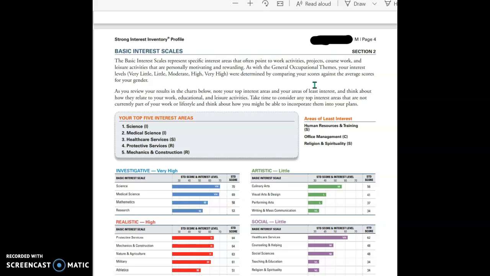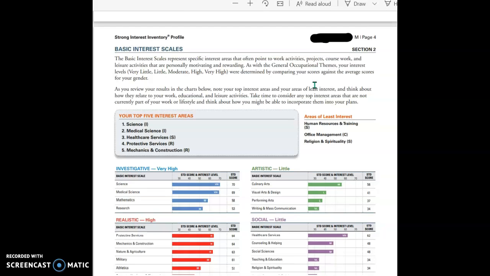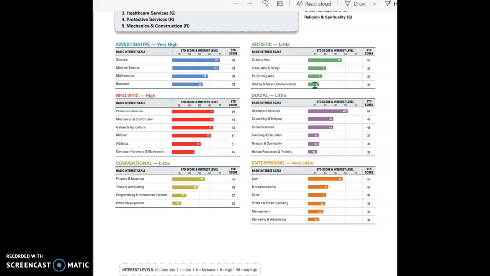As you scroll down, you will see that each of the 6 general themes included on your report, and more specific categories within each theme, are introduced.